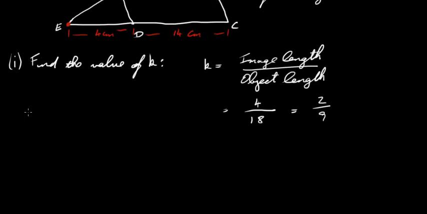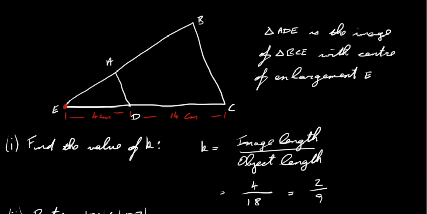Okay, so let's have a look at another question around these triangles here. Let's see if we can find a ratio. The ratio of the length EA to the length EB. Now what you'll find here is, because we have triangles, what we've actually got are similar triangles.